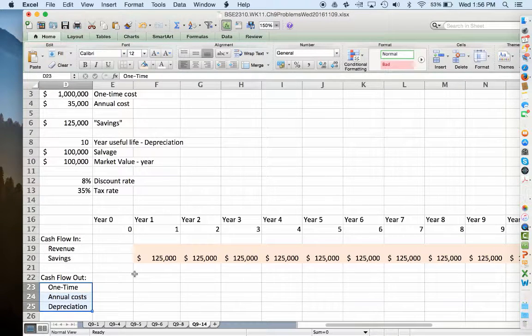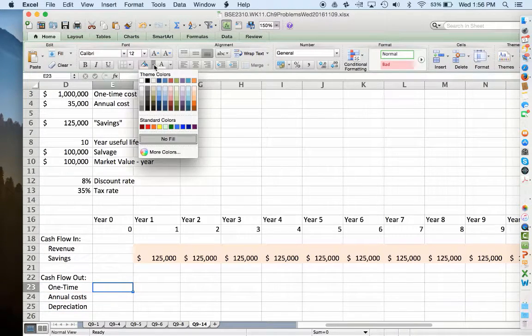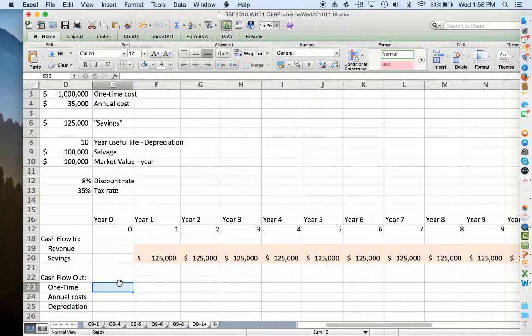So, one-time costs often happen in year 0. That's the present, right? That's today. So I'm not going to get any of the savings from this lathe until it's fully installed and up and running. But I'm going to have to pay for it today. So I am going to, as a one-time cost, include the purchase price of the lathe, and I'm going to include it as a negative value because I have to spend that money. So it's going to be negative $1 million.